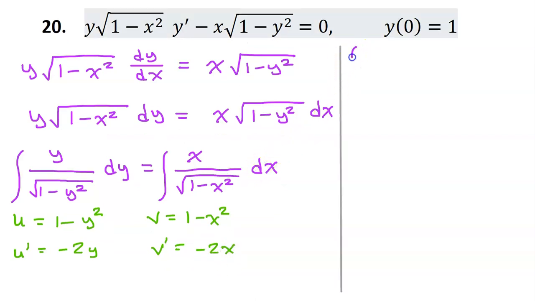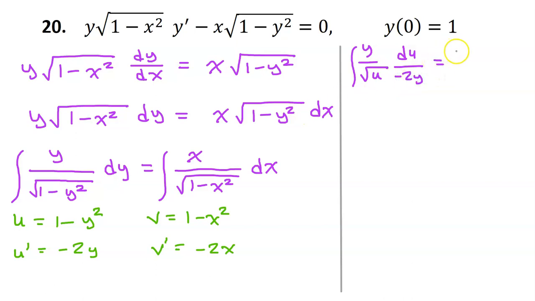Performing this substitution, we have the integral of y over the square root of u. Instead of dy, we will write du over u prime, which is negative 2y. And then on the other side, we have the integral of x over the square root of v.